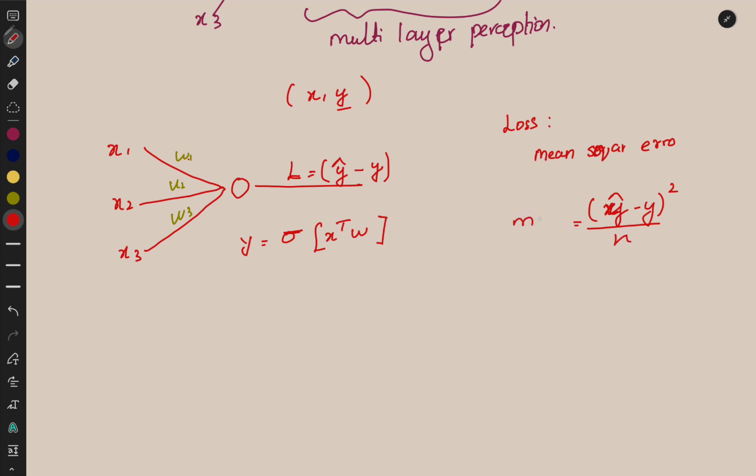This is MSE, mean square error. Then you have mean absolute error, where instead of squaring, you just take the absolute value. This is MAE.